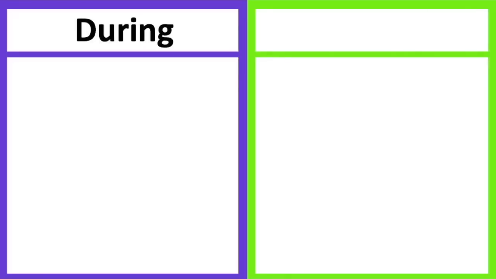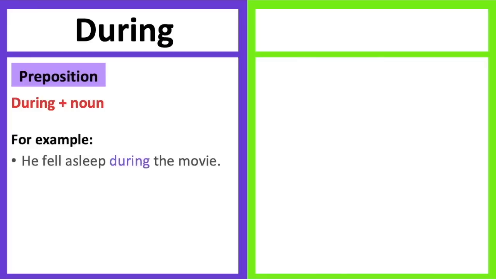During. During is a preposition, and it is always followed by a noun. So the sentence structure is during plus a noun. For example, he fell asleep during the movie.